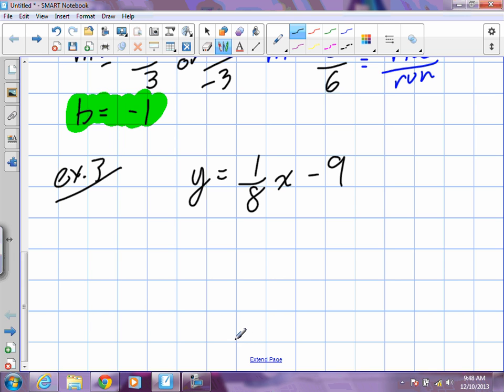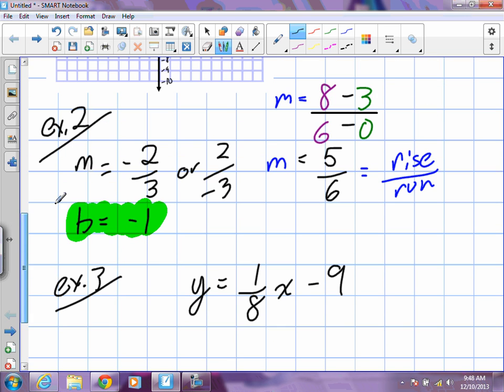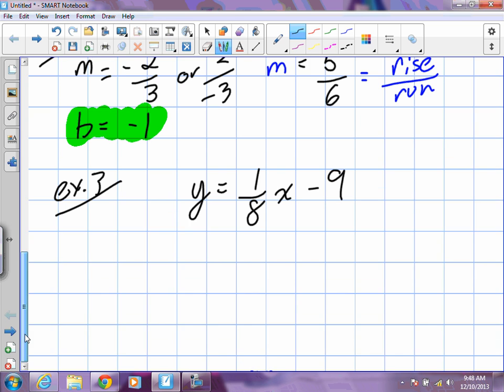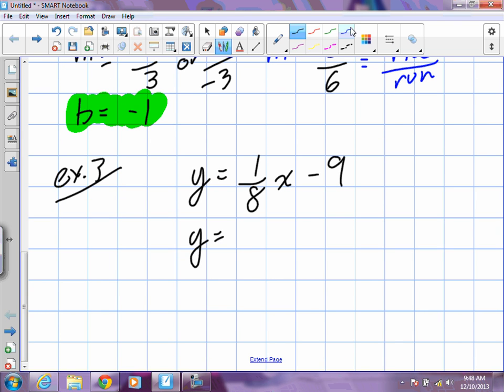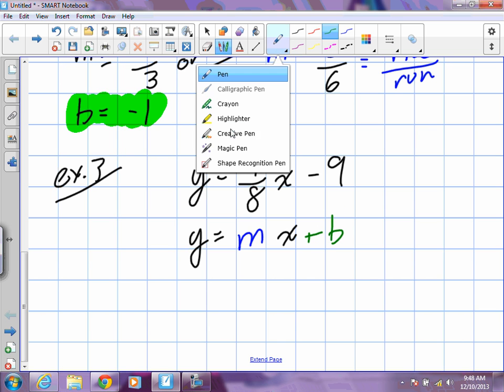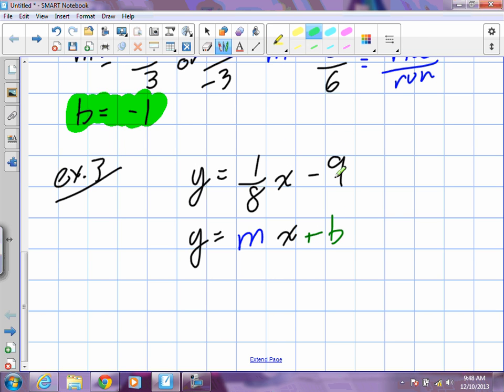So in order to graph that, we want to pull out our m and our b, which we just looked at in our last equation. So remember, we have y equals, and it might be best to write our original equation underneath it so we can decide what our m and our b is. What is our b in this equation? Yeah, negative 9. So in other words, that coordinate is at 0 and negative 9.